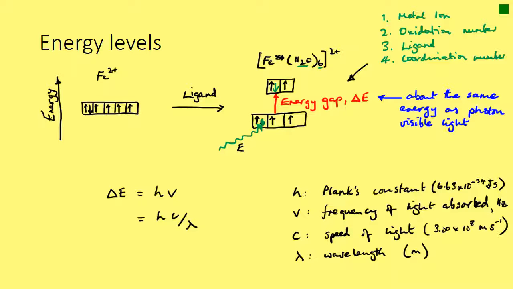Delta E equals hv, where h is Planck's constant, and v is the frequency of the light absorbed.